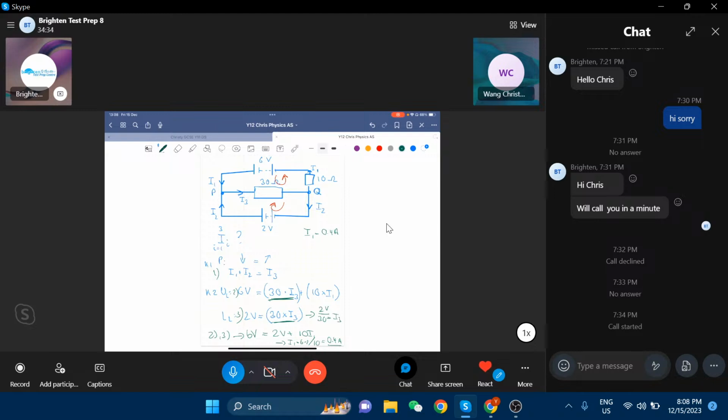It's like a shortcut. Then I can jump directly to this one, because I have I1, I have I3, so I can directly get I2 out of it. That would be the easiest way.